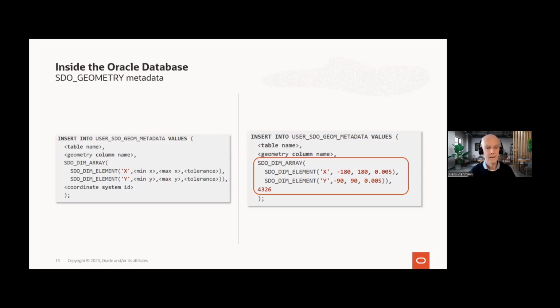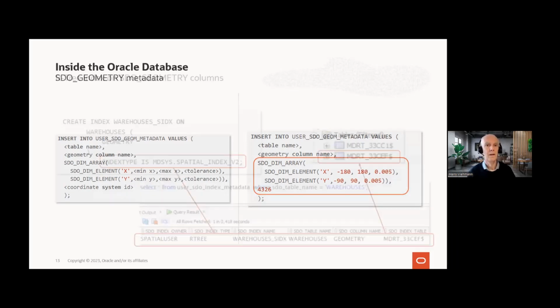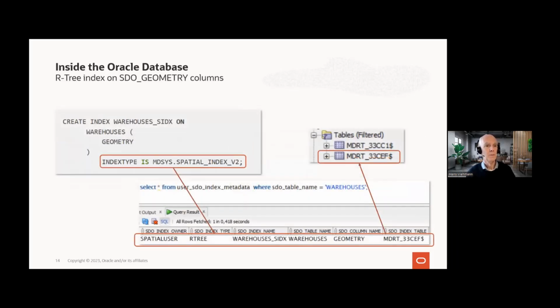So that's the metadata you need to have on the table, and then you can actually create your spatial index. Right, there's a CREATE INDEX statement. Index type is SPATIAL_INDEX, or these days our recommendation is to use SPATIAL_INDEX_V2. It's actually mandatory for tables where you're using partitioning.